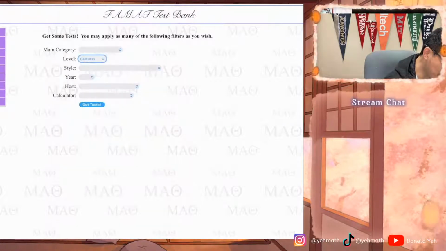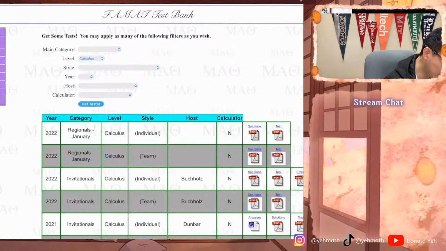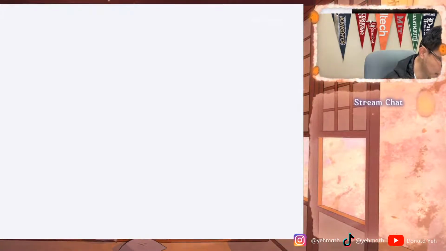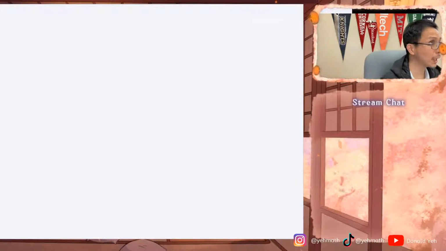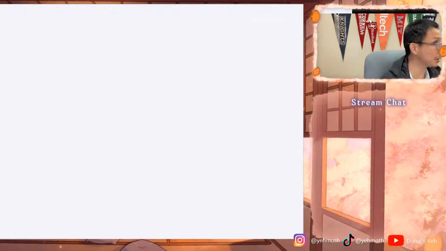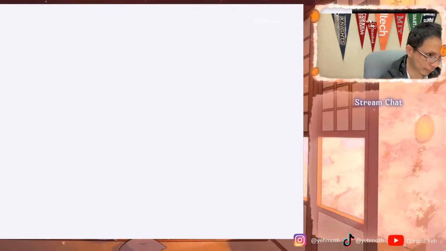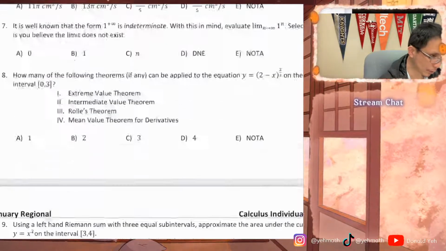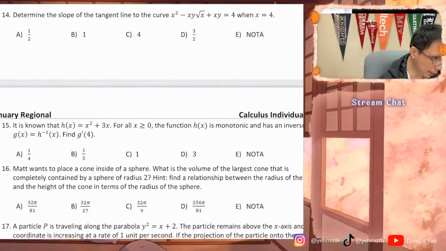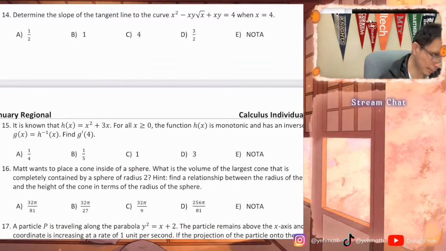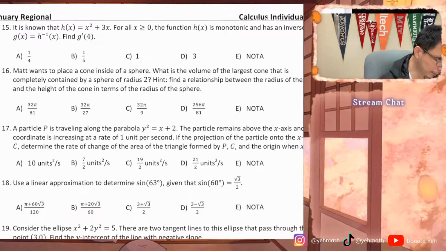Let's check the calculus test, and let's look at exactly question 15. In the AP exam question, they give you the value too. You just have to find the thing. Do you guys see question 15?